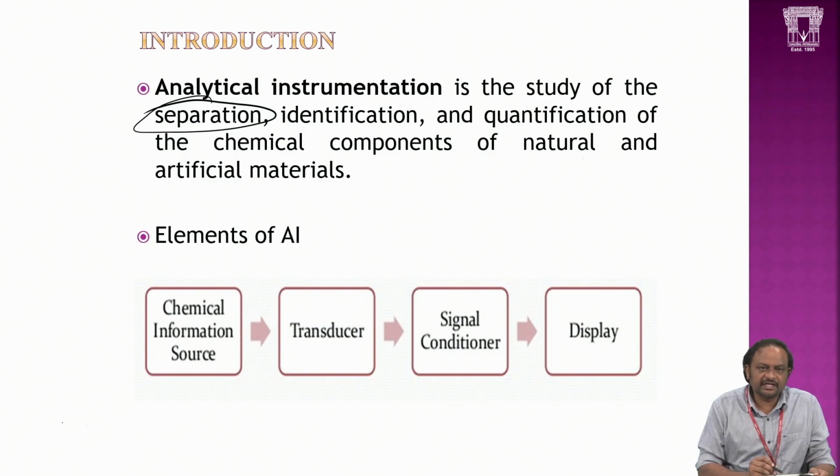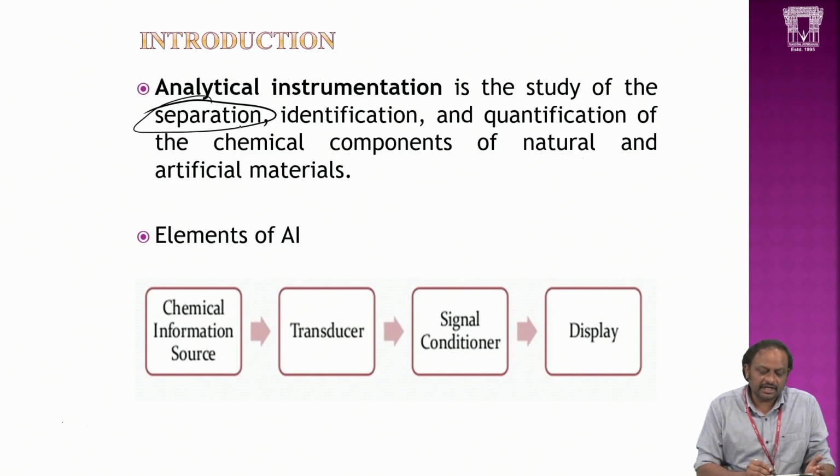It is a study of separation. You can separate the sample. Suppose a drug consists of so many ingredients. You need to separate each component in order to identify the exact composition and the exact quantity of each separated element.